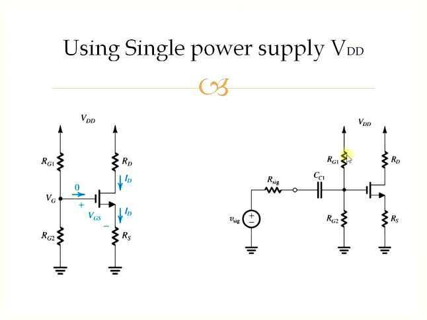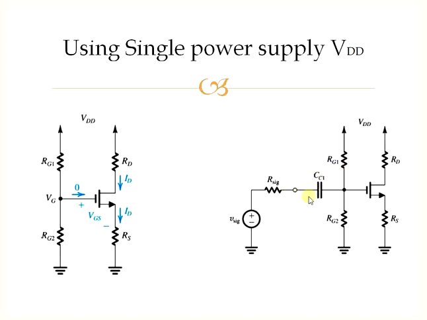The equivalent circuit is shown in the second figure, wherein we can see a coupling capacitor connected to the signal resistance and in turn connected to the signal voltage. This coupling capacitor CC1 blocks the DC and allows coupling of the signal voltage V signal to the amplifier input without disturbing the MOSFET DC bias point.